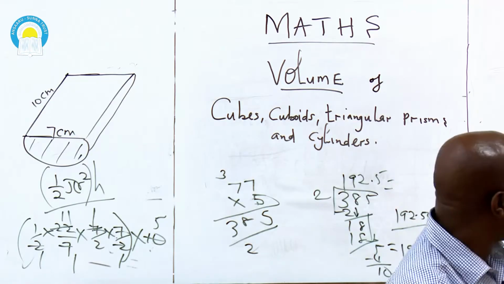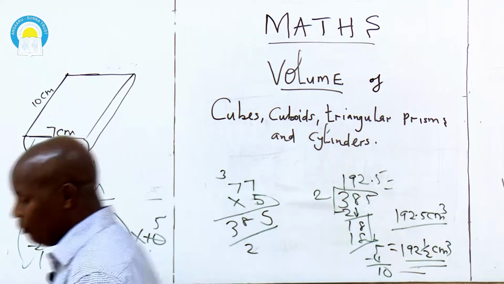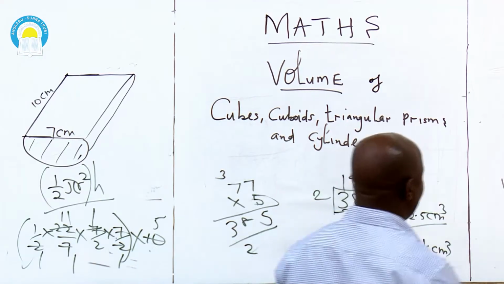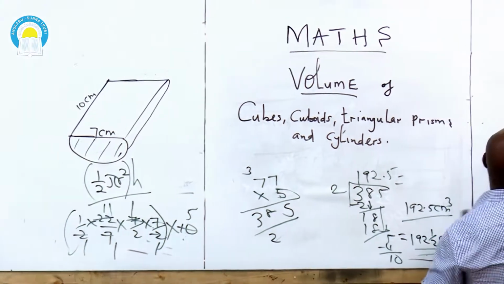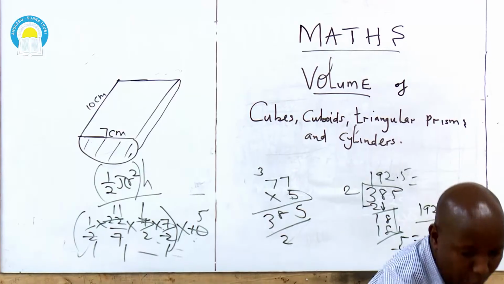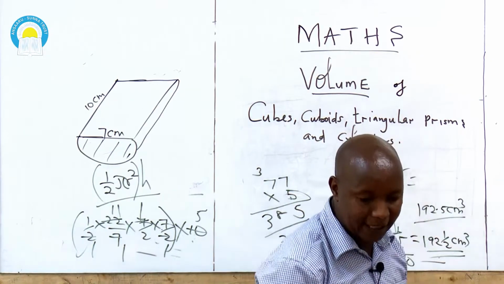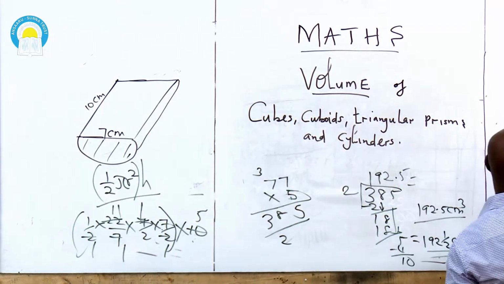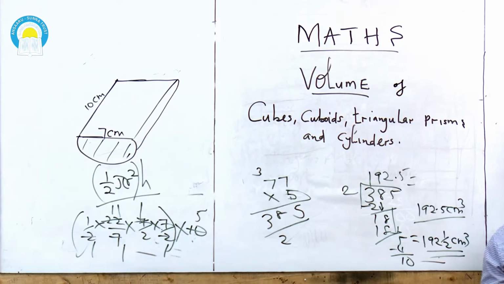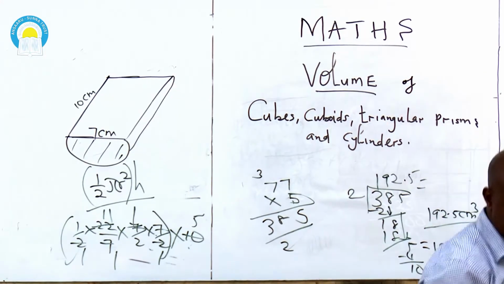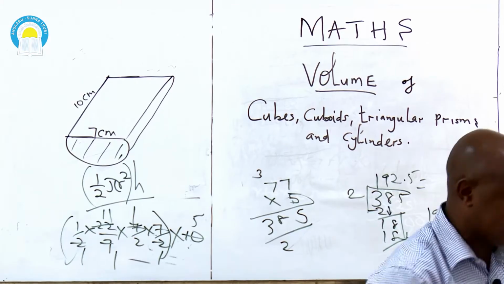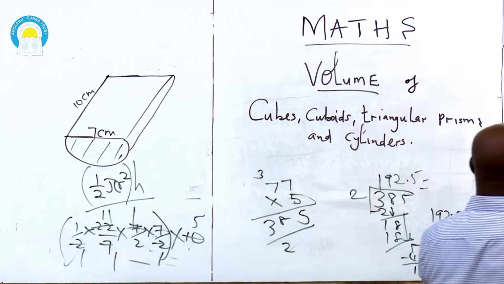Remember, volume is either in cubic centimeters or cubic meters. Very good example, very fast. I'm going to draw that question there, which was tested back in 1989, and I know some of you were not born by the year 1989. So this question has been tested since the start of KCPE.